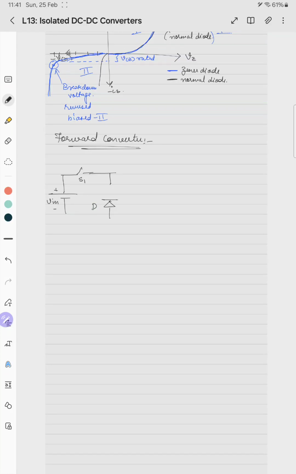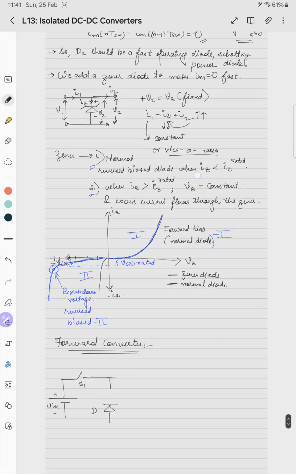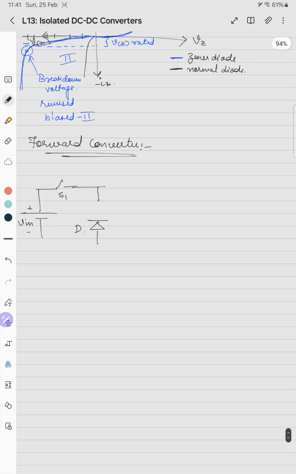This is a normal diode D, what was that, D2. Then here was LM, and this is the IM, and this was the I1, and NP, NS.